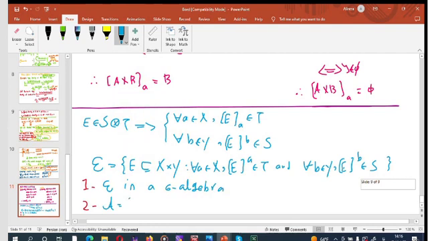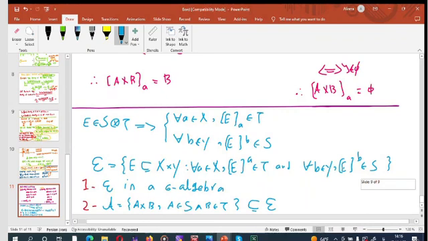If A equal to the set of all measurable rectangles, okay, A belong to S and B belong to tau, this set is a subset of this E.